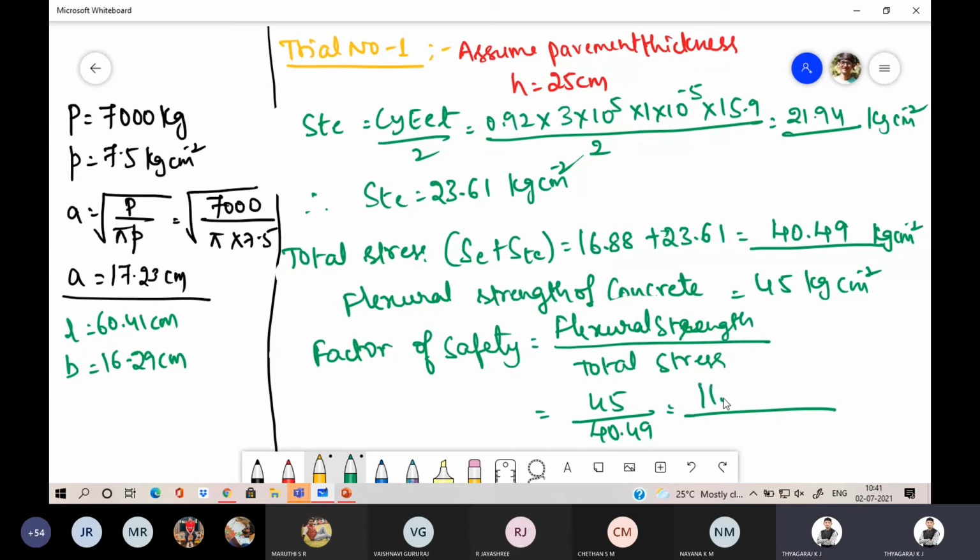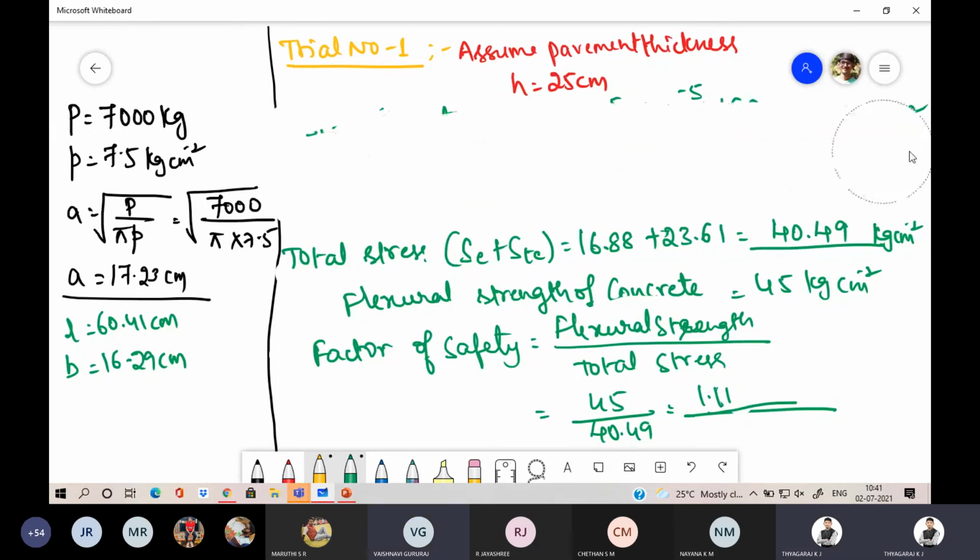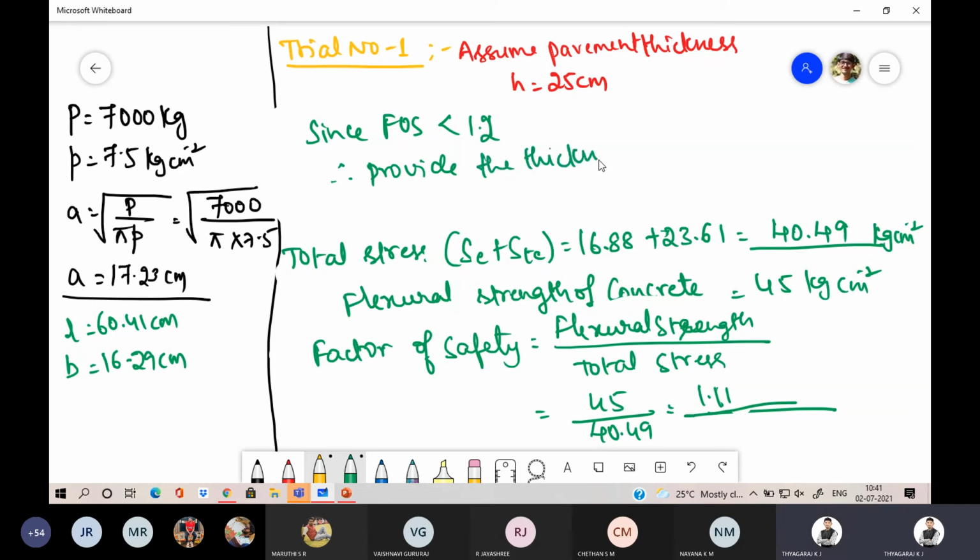That is 1.11. So in the problem, what have they given as the permissible factor of safety? 1.1 to 1.2. So make a statement. Since FOS is less than 1.2, therefore provide the thickness of the rigid pavement equal to 25 centimeter.